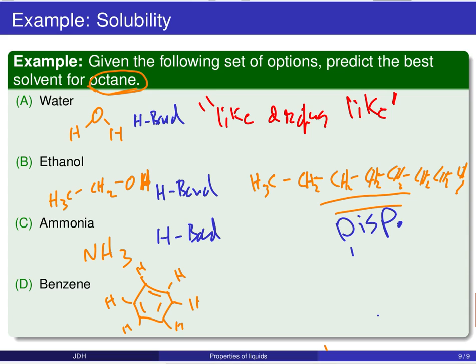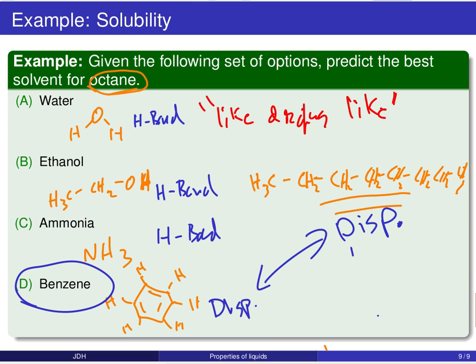Now, if you go down to our last one here, benzene, there is no possibility for hydrogen bonding, and in fact, there's not even a possibility for dipole-dipole interactions, because the difference in electronegativity between carbon and hydrogen is below the threshold for having a polar bond. So you've got a nonpolar substance, so dispersion is going to be our dominant force here. As you can see, dispersion is the dominant force for both octane and benzene. So following the dictate of like dissolves like, we are going to predict that benzene would be the best solvent of these options for octane.